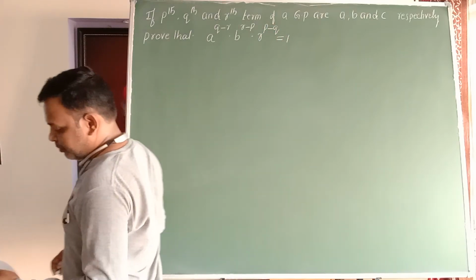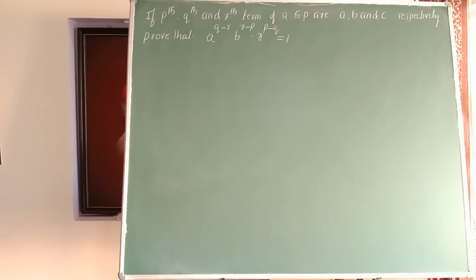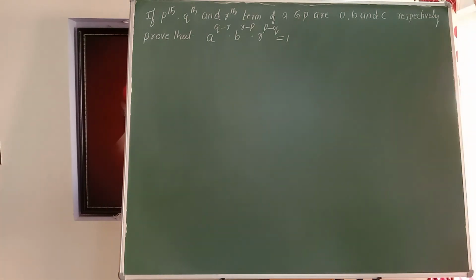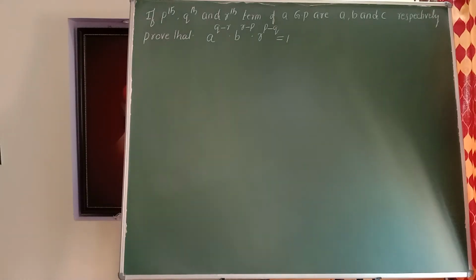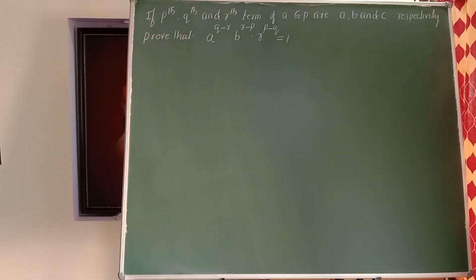This is the question. Okay, dear children, in this question there is a beautiful concept. They are given that the pth, qth and rth terms of a GP are small a, small b and small c respectively.